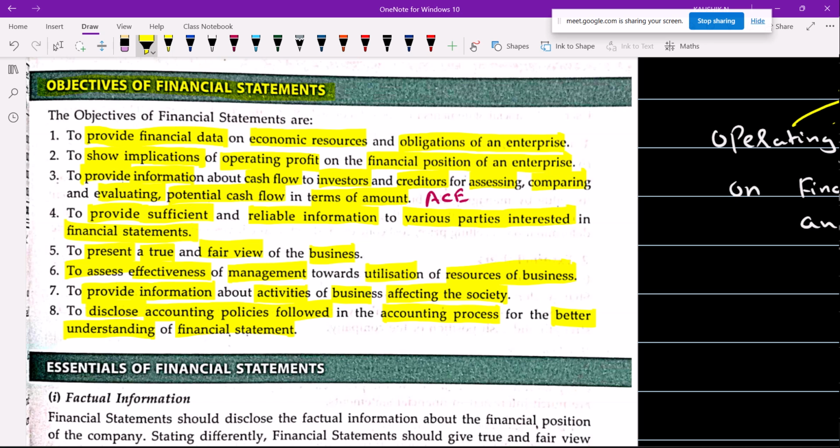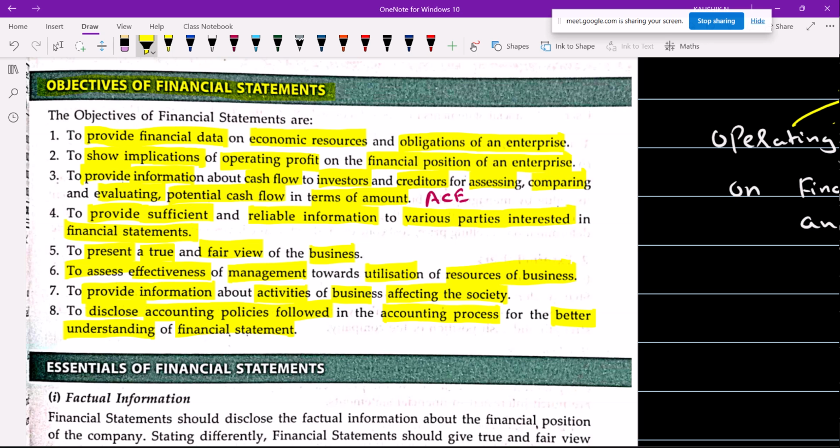Whether you want to learn it, keep it in memory, or take a note, it is up to you. Once you are done, we will move on to the next concept, the essential features of your financial statements.